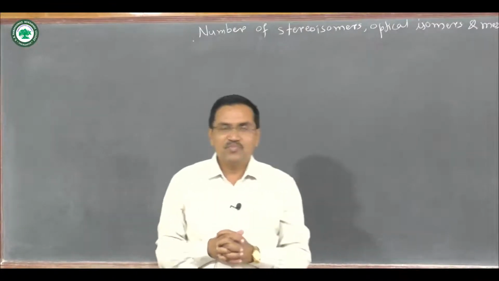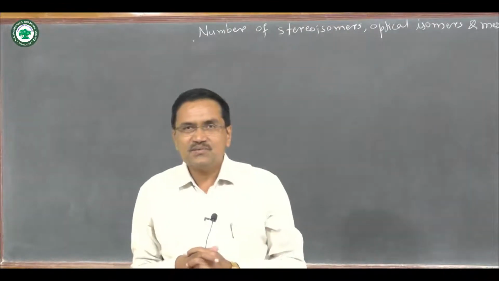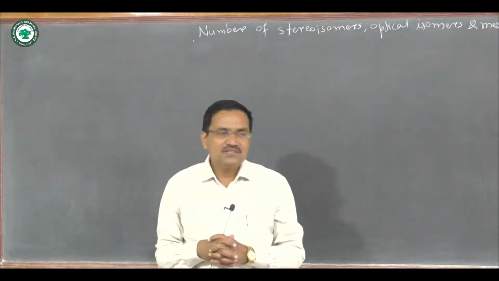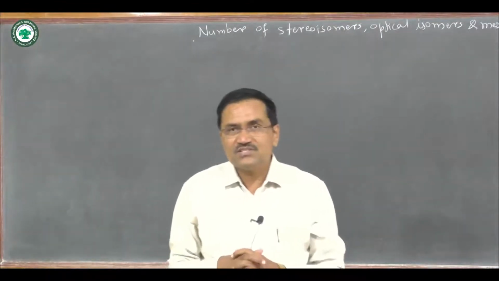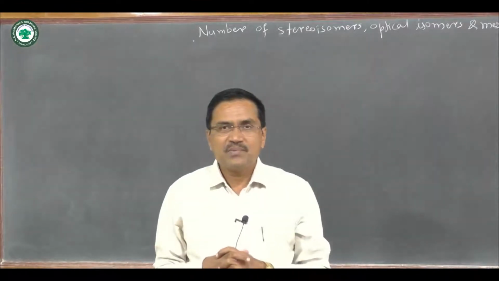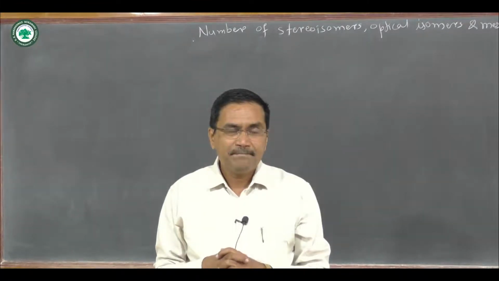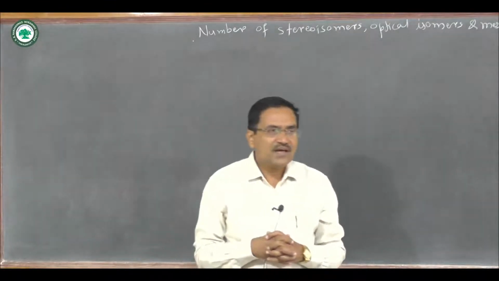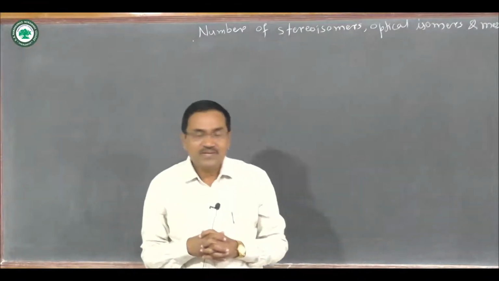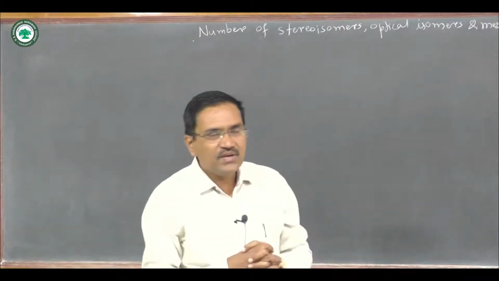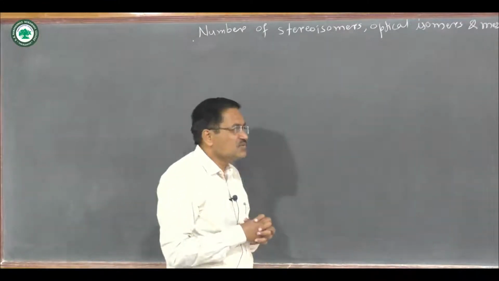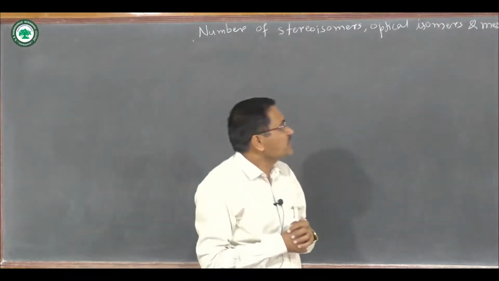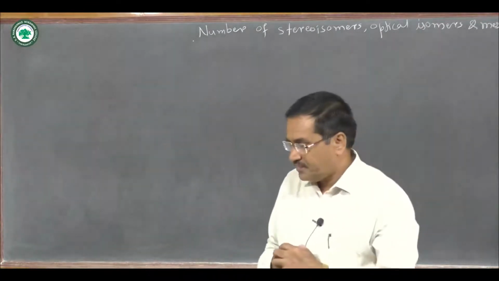In the last few periods we discussed stereochemistry, including conformational stereoisomerism as well as other isomerism, optical isomerism. Today we will see the number of stereoisomers, optical isomers and meso form.